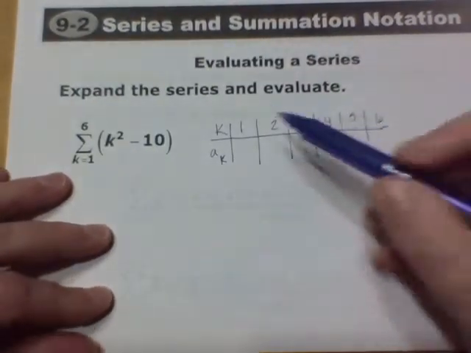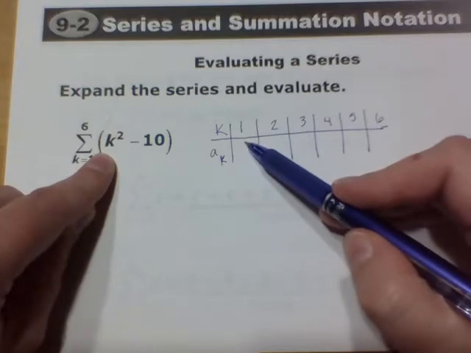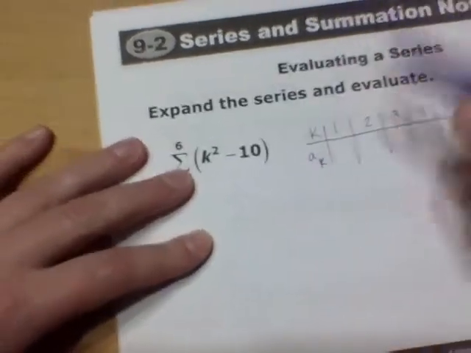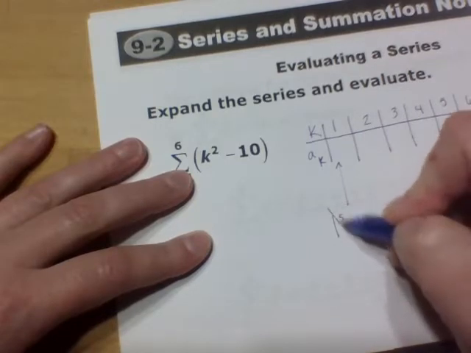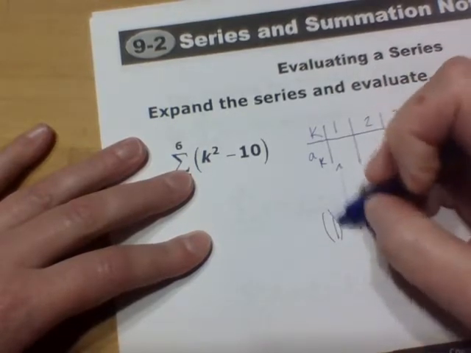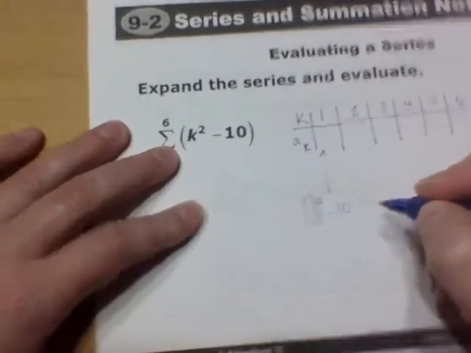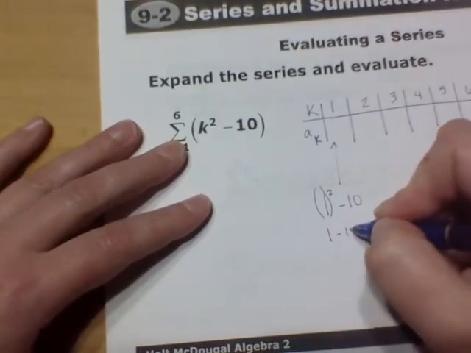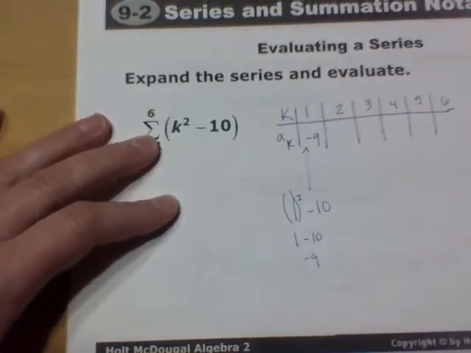And then what we're going to do is plug in a 1 to this equation, and that's going to be our y value. So 1 squared minus 10. Okay. So 1 squared minus 10 is going to be 1 minus 10, which is negative 9. So negative 9 is our first term.